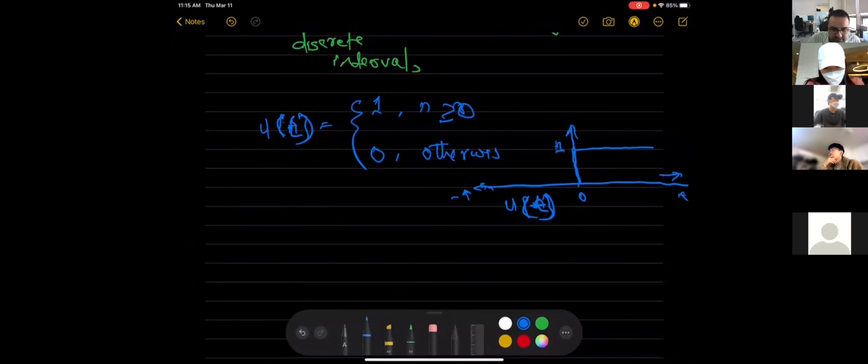So here it is 1, right? And anything otherwise is 0. So the value which is less than 0 is 0, right? This is called the unit step function. So the unit step function looks like this.